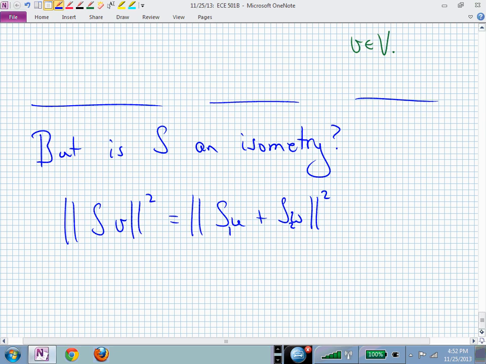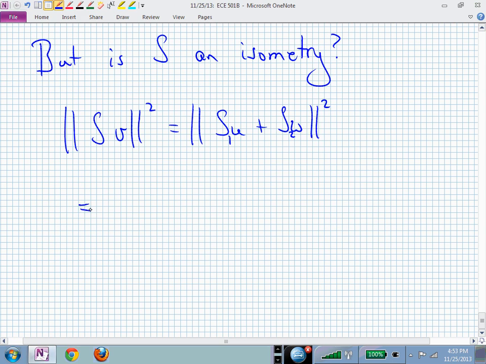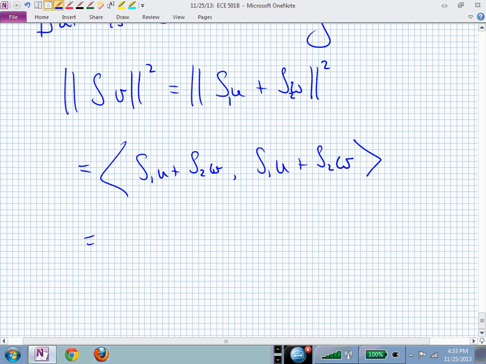But now, if I have the norm squared, what's that equal to in terms of inner product? S1U plus S2W with itself, isn't it? And now if I create all four of those combinations of products, I have the inner product of S1U with itself.